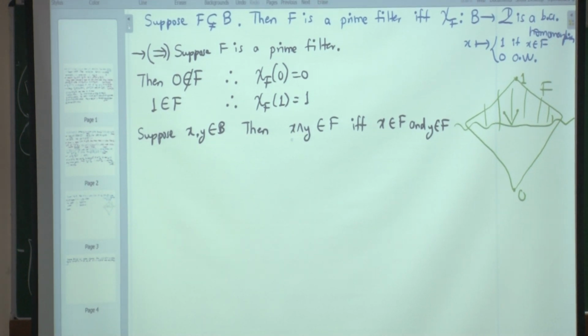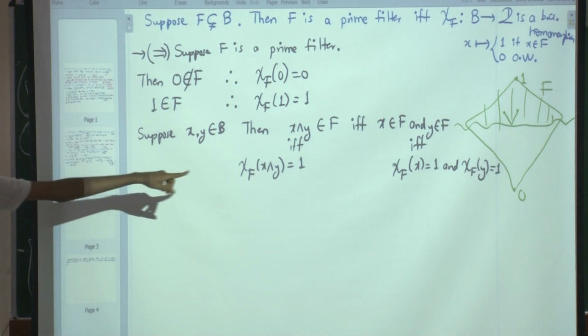So, now this property happens if and only if chi F of x meet y is equal to 1, and this happens if and only if chi F of x is equal to 1 and chi F of y is equal to 1. Okay.